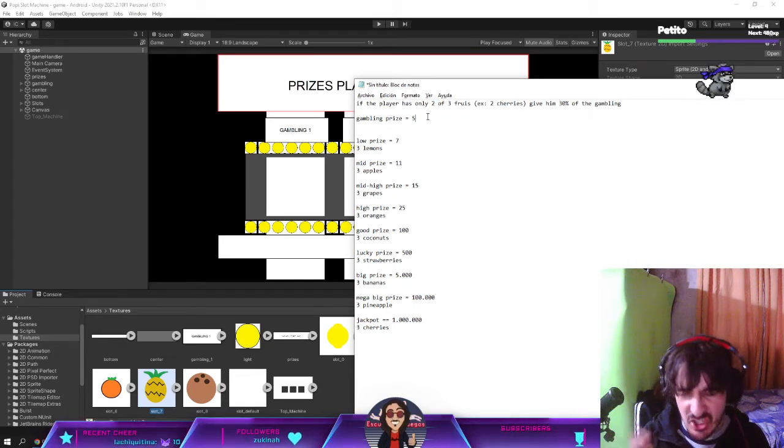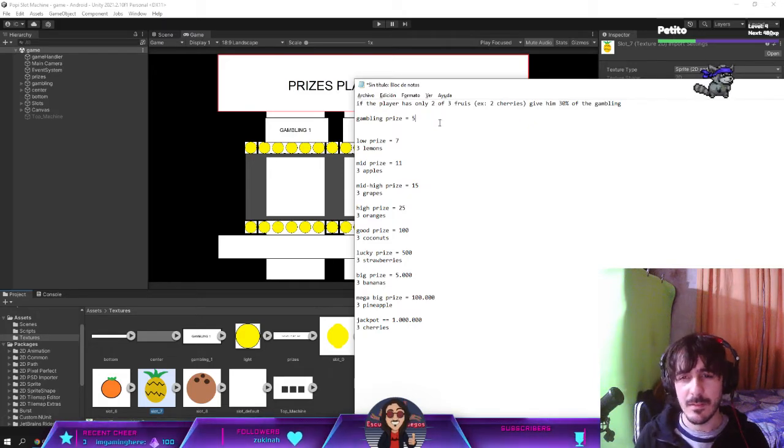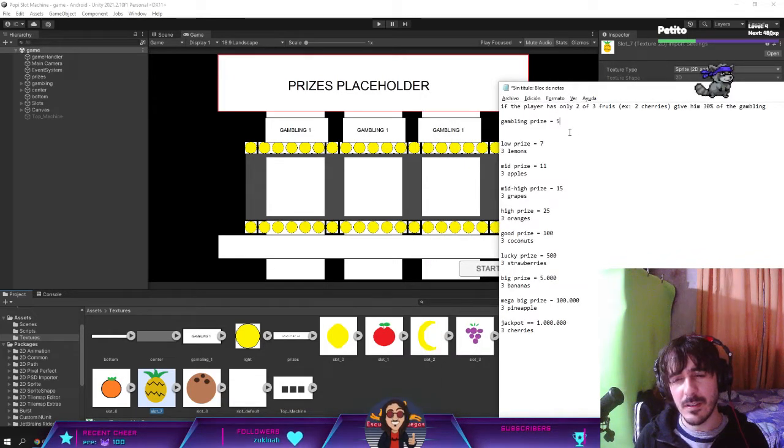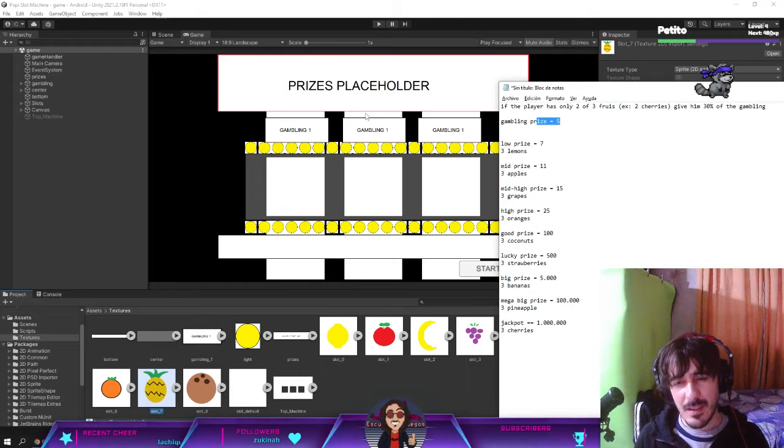This is the cheap version, but this machine we have 3 gambling buttons or options, okay? As you can see here. So we have 3 game modes. Cheap mode with these prices and this gambling price. Medium mode with this multiplier. I mean, maybe +5.